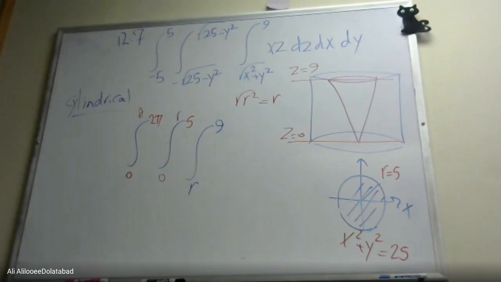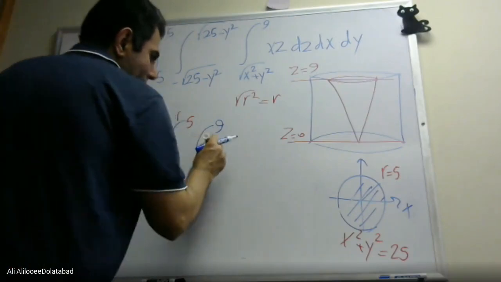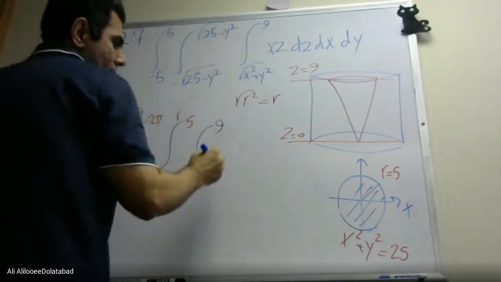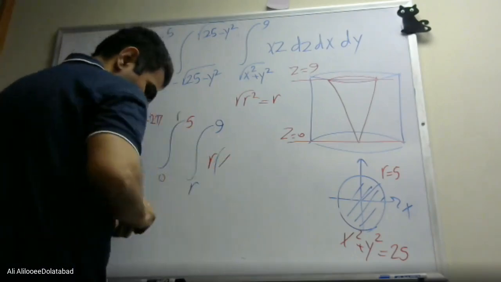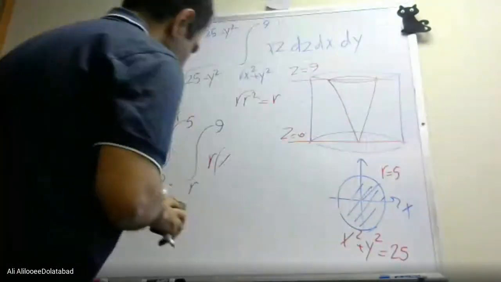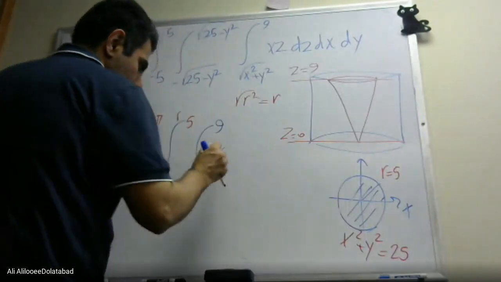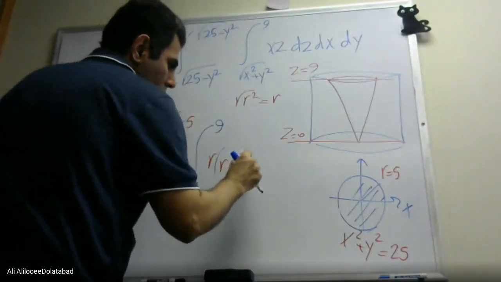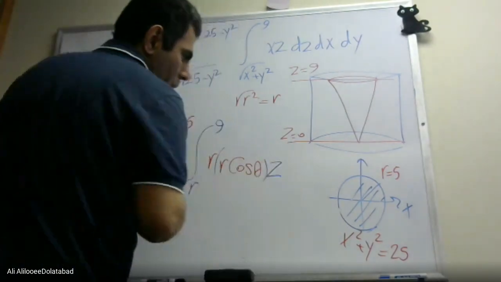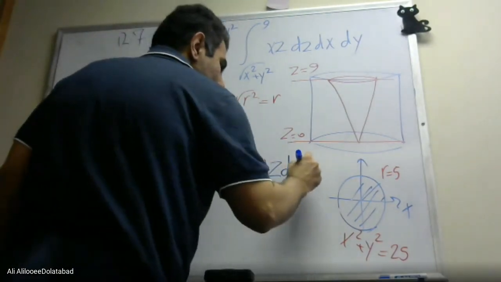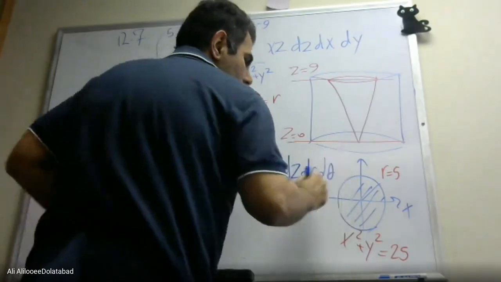Okay, so we need the Jacobian. The Jacobian is r. What is x? If you convert x into cylindrical, this is r cos theta. And we don't need to change anything for z. Then we have dz dr d theta.